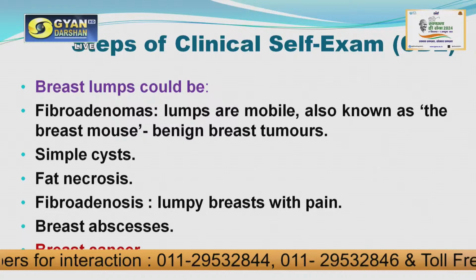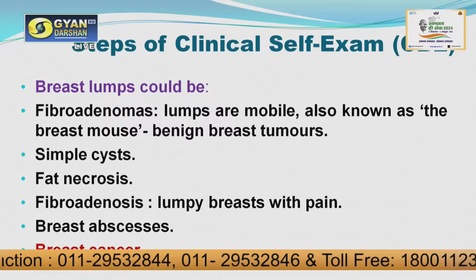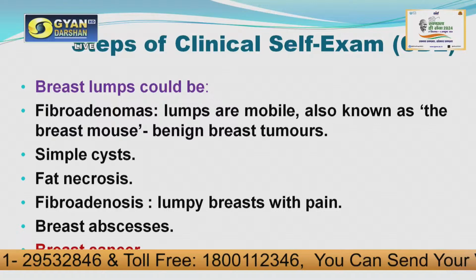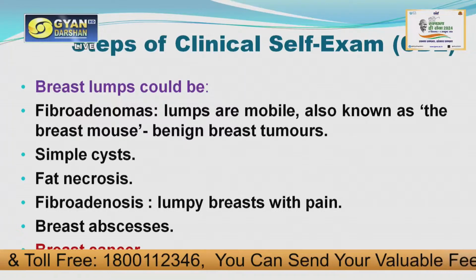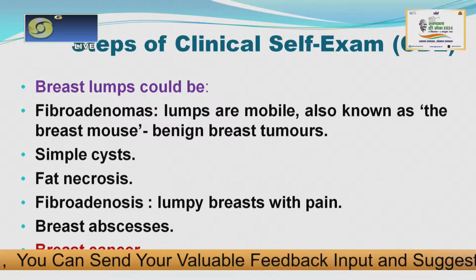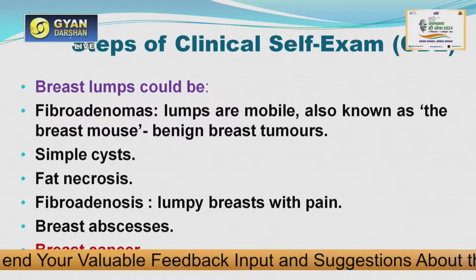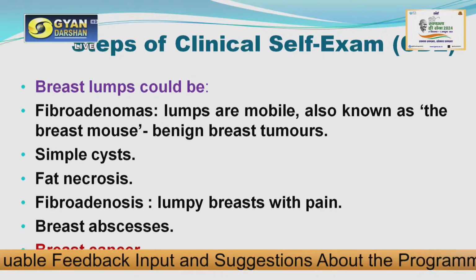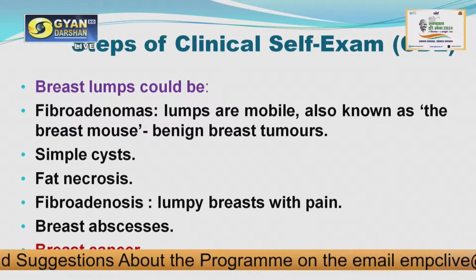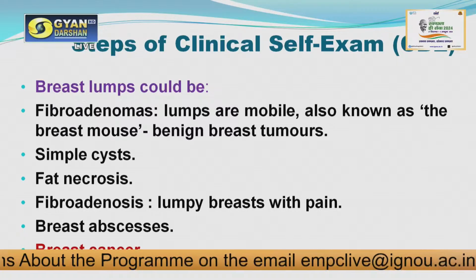So these are the findings during the lump; we cannot say that every lump can be cancer. Different findings can be there. But this is the early indication or early palpation by the woman or the person.